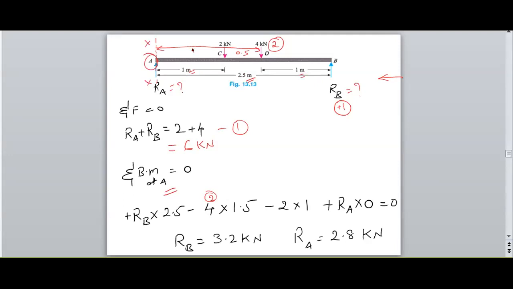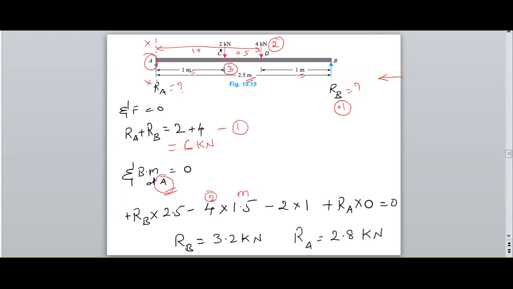Therefore 1 plus 0.5 gives a 1.5 distance from A. The 4 kilonewton is at a distance of 1.5 meters from A. I am considering from A only.